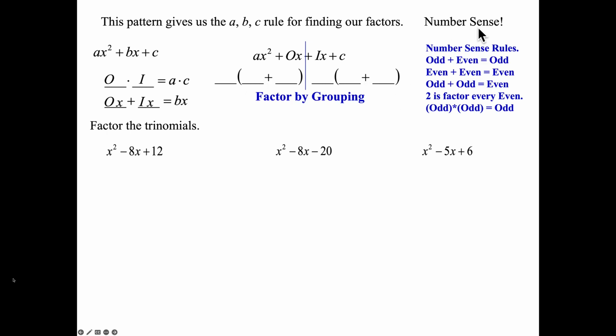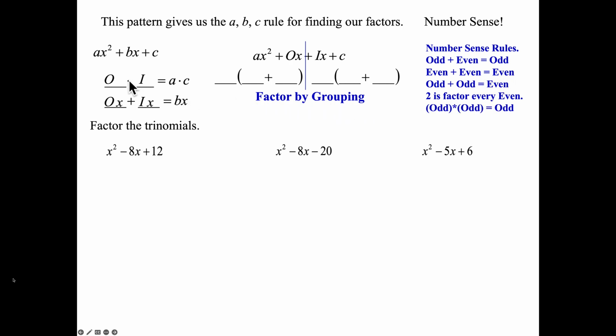Now, some number sense rules that you want to take into consideration when you go through this factoring process. You should remember, because we're looking for two things that add together, if this b is odd, then you're looking at an odd and an even number. If that b is even, there's two ways to add numbers together to get evens: an even plus an even, or an odd plus an odd will be even.